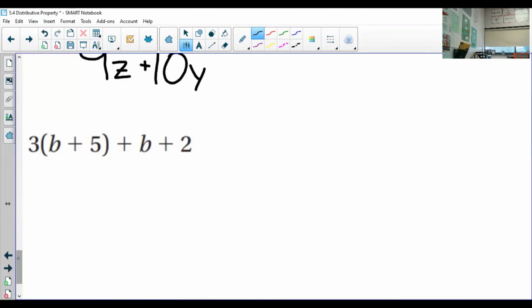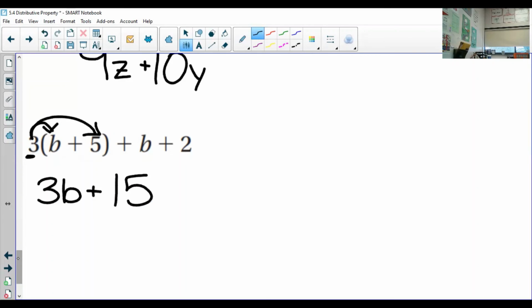Okay, this is the same type of problem. We have a distributive property we need to take care of here at the front. So let's distribute the 3. 3 times b is 3b, plus 3 times 5 is 15, and then we'll copy the rest, plus b plus 2.